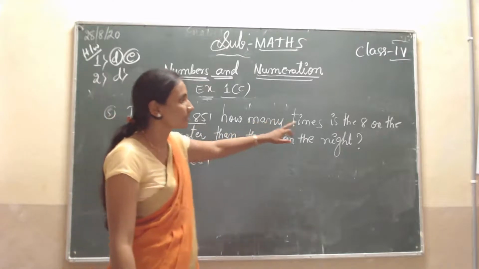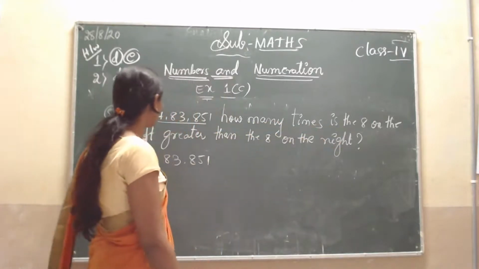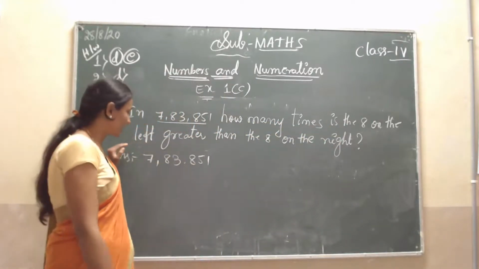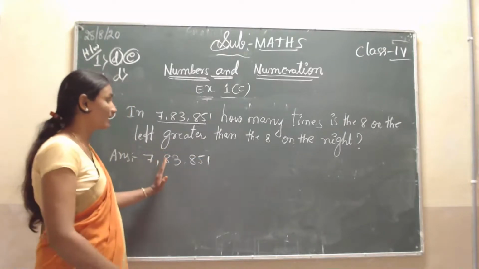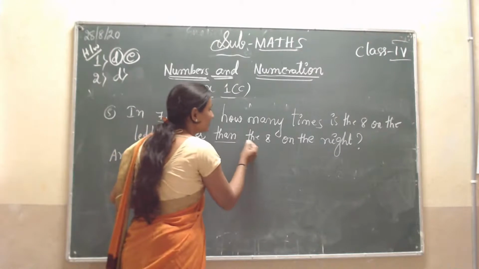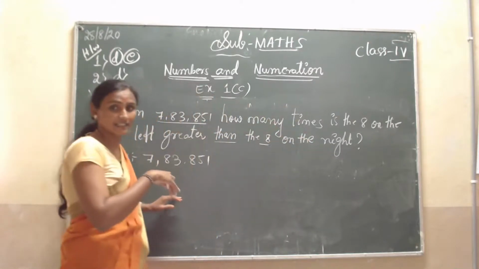How many times is the 8 on the left greater than the 8 on the right? Right means the right side. So yes students, think about the question. This is 7 lakh 83,851. How many times is the 8 on the left greater than the 8 on the right?